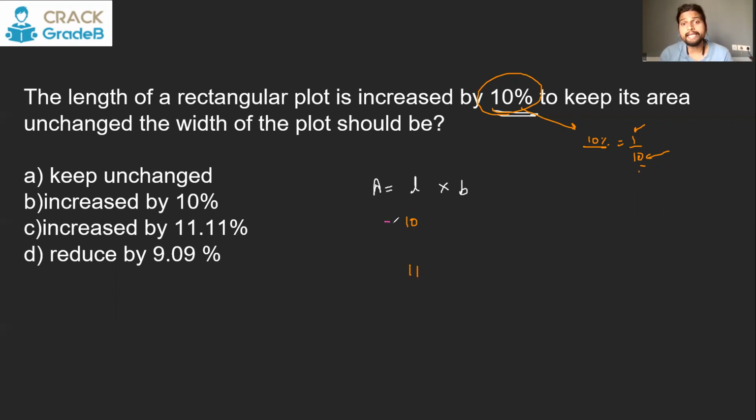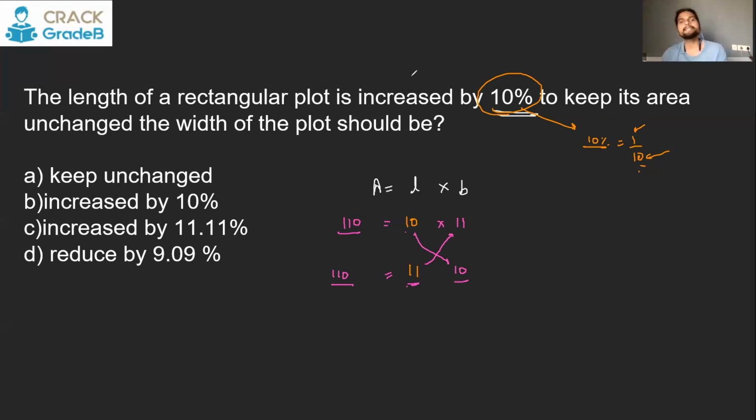If you have to keep the area constant, whatever the area here, the same area should be here. So you consider the original base as 11, because the product is 10 into 11, 110. Here also the product should be 110. So for the product to be 110, the new base has to be 10, because 11 into what is 110? 11 into 10.